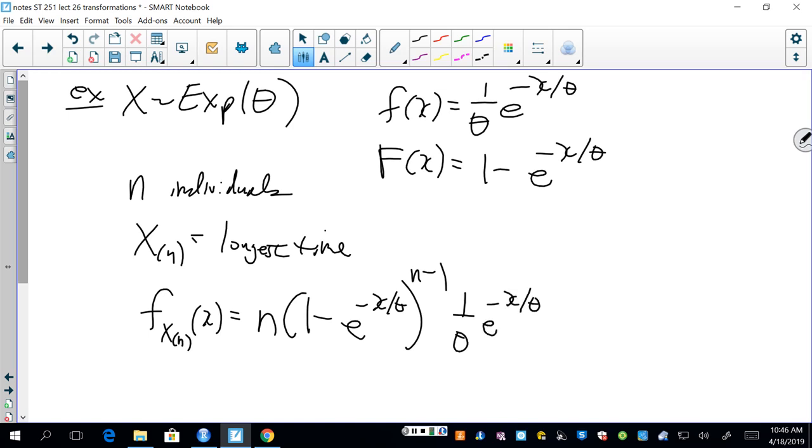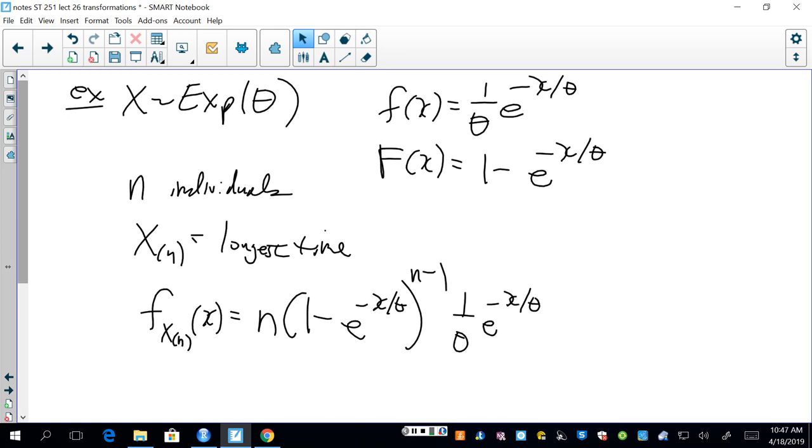So that's what it is. I don't recognize that as any particular distribution, but that's the probability density function. You probably can take expectations of that and other things, or graph it. Certainly you can do a simulation.